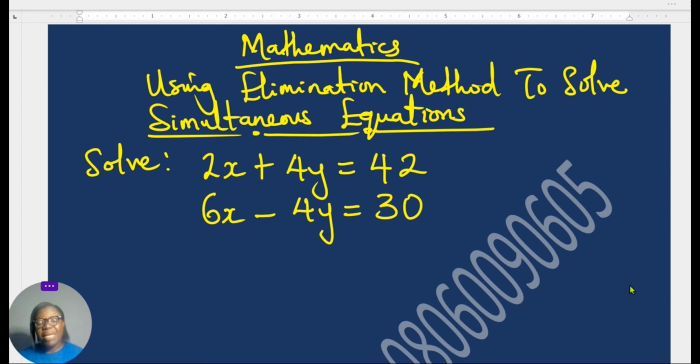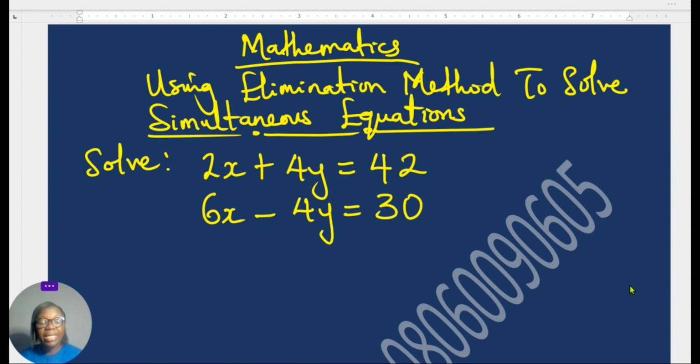When using the elimination method, you perform subtraction or addition to eliminate one of the letters, either X or Y, in order to get the other. So if we want to find the value of X in these equations, we have to eliminate Y in order to get X. You can also eliminate X in order to get the value of Y. I hope it is understood.